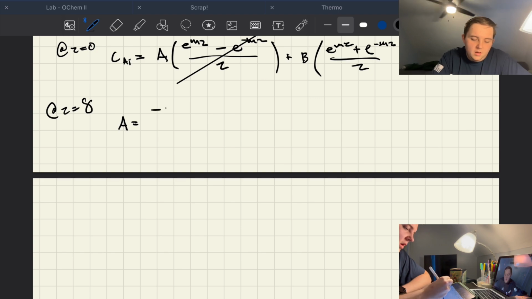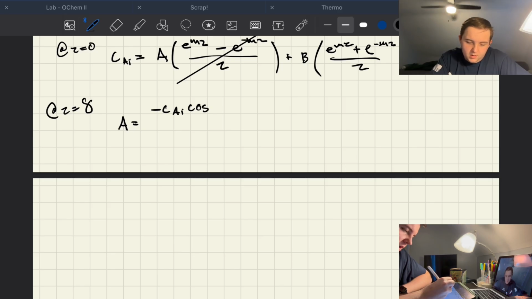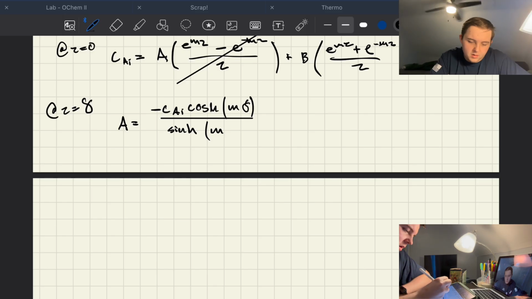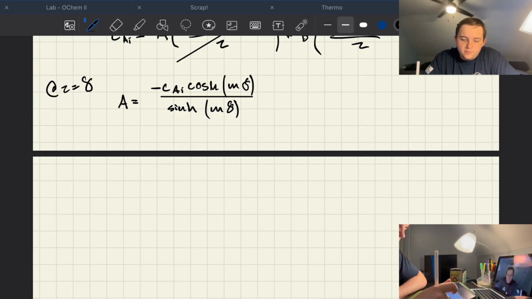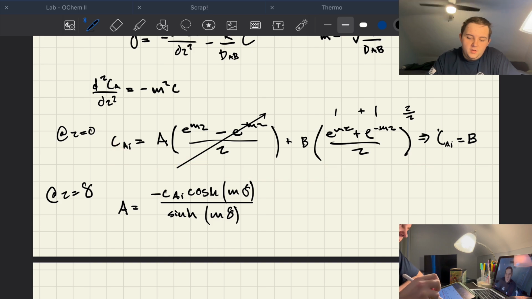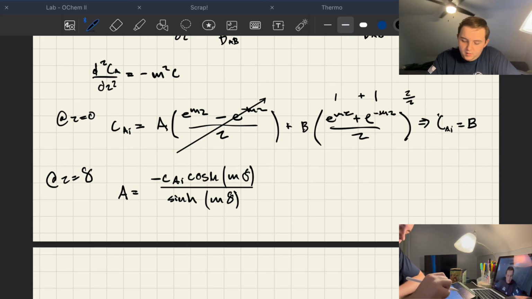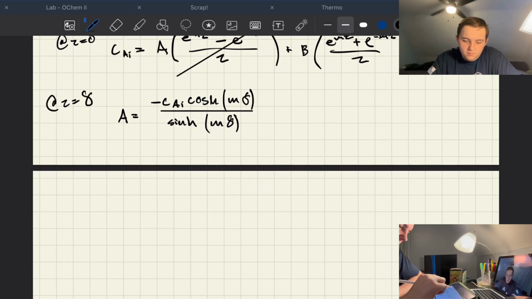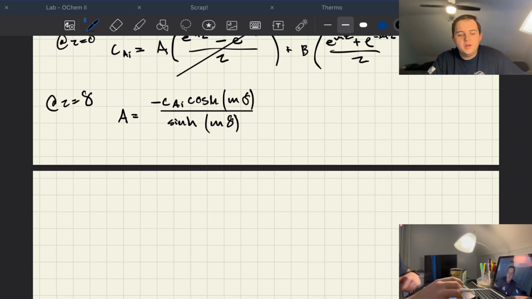A is going to be equal to negative CAI times our hyperbolic cosine of M, and that will be over hyperbolic sine, and then the same quantity. Okay, so now we're going to have to plug this CAI value into the A, or our second thing that we did here.